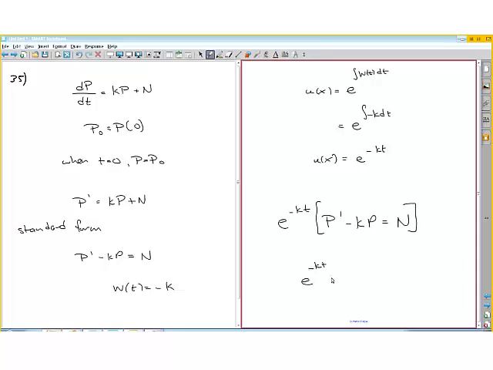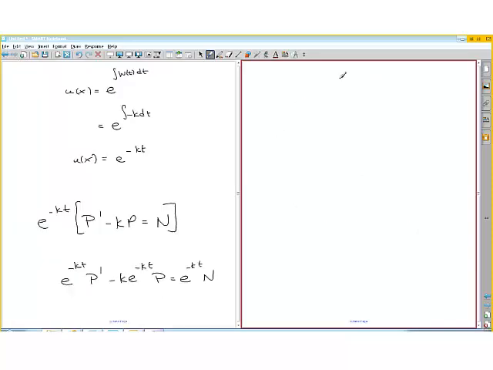So we get e to the minus kt p prime minus k times e to the minus kt times p is equal to e to the minus kt times n.